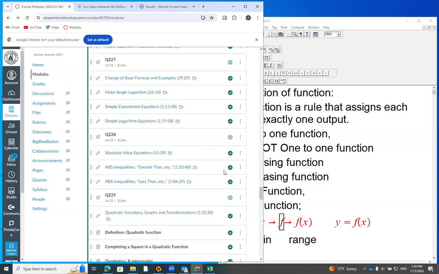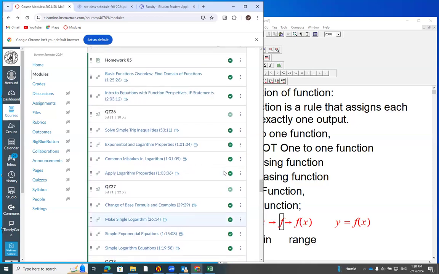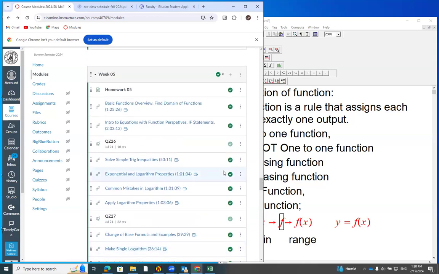Here you will find in week number 5, basic function overview, domain functions. We knew all the functions we're going to use, but they're being tweaked, shifted, composited. And how do we find their domain and range? And an introduction to function perspective, if statement, and so on.